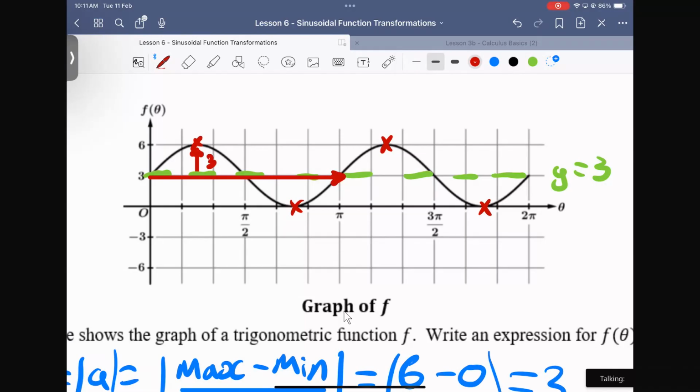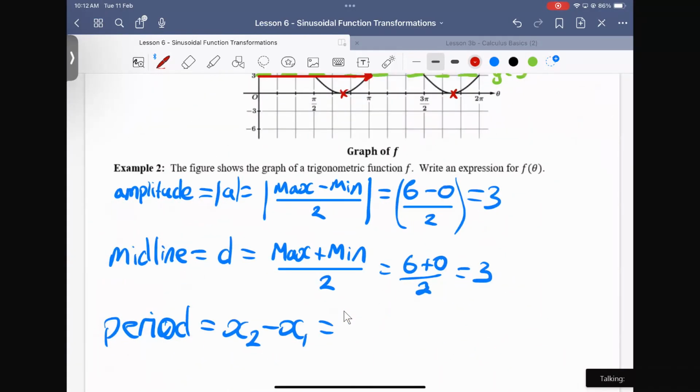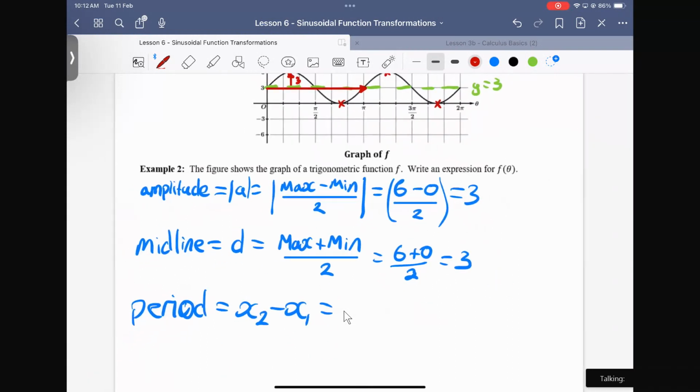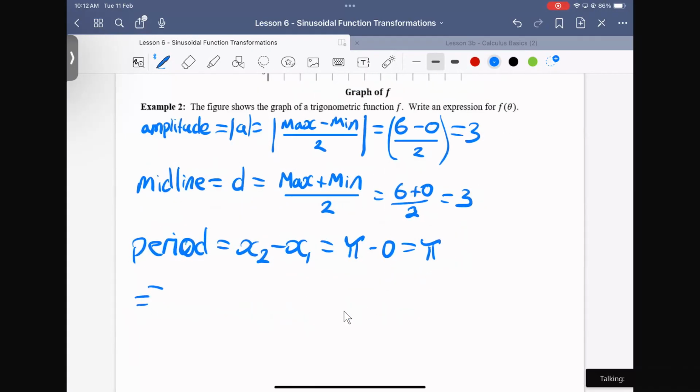This is one complete cycle. So in this case, we can see that the period is going to be pi minus 0, which gives us pi. This means that B is going to be 2 pi over the period, which is going to be 2.